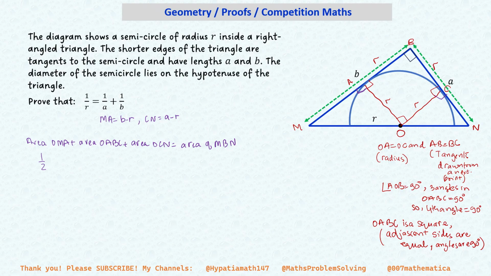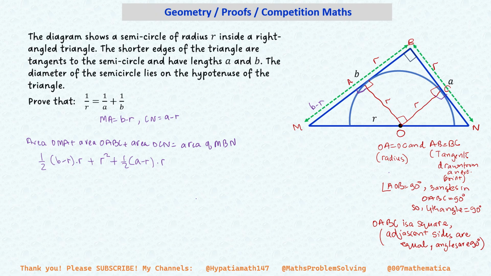So MA is b minus r, so this was b minus r multiplied by r, plus the area of the square, which is r squared, and the triangle OCN would be half times a minus r times r.